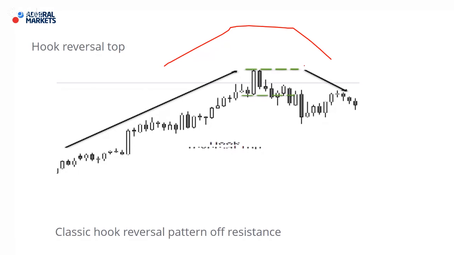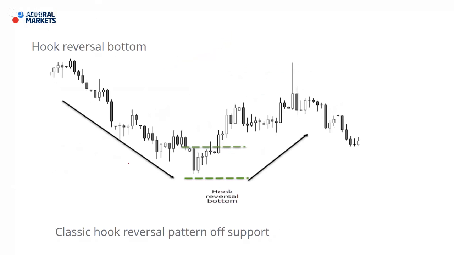So this is a cue that the price will probably reverse. It's a classic hook reversal pattern at resistance. Same for the reversal bottom. Price has been dropping, then it forms a consolidation in the form of a rectangle or consolidation pattern, and it goes up. It roughly looks like this. Very similar to a rounding bottom.